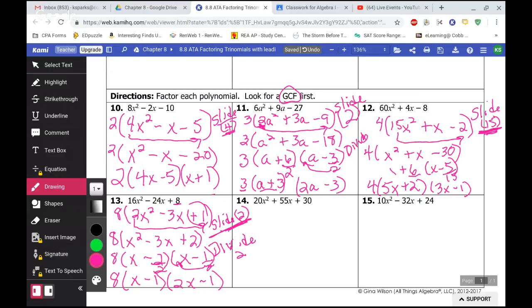I don't want to get that greatest common factor mixed up with what I slid down and multiplied by, because on my divide step, you want to divide by whatever you slid down. When you get all mathy and start writing all these numbers, you might forget what you slid down and multiplied by.